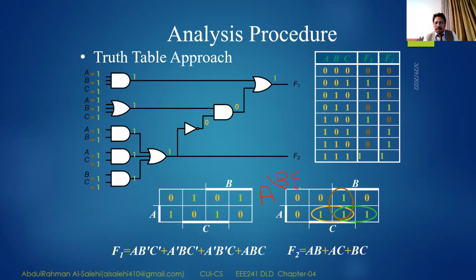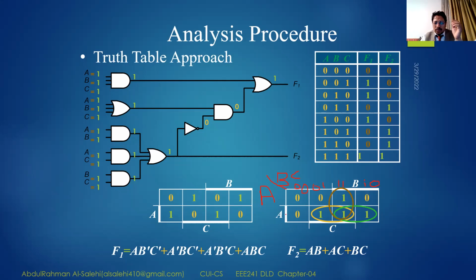Let me write it like this: 0, 0, then 0, 1, then here 1, 1, and here 1, 0. Okay, now you can see that B here is fixed, right? B here is 1 and here is 1. So it is the area of B, where B is fixed.